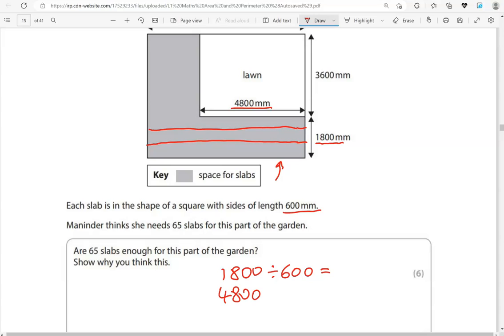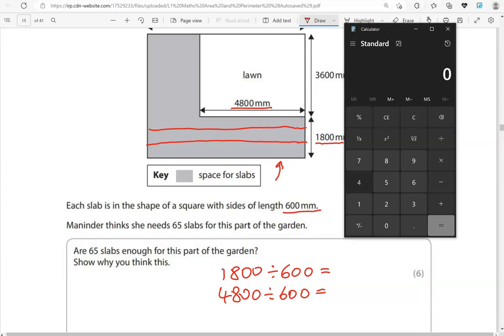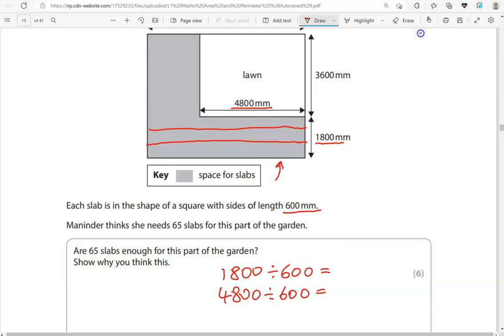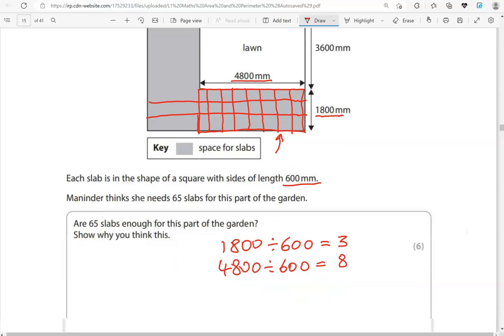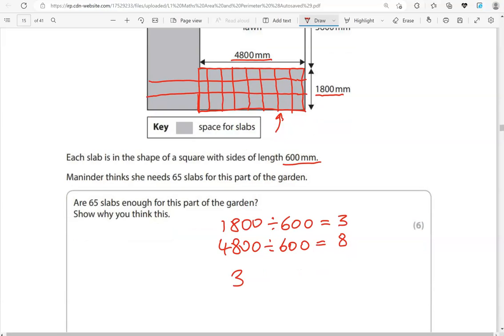So same divided by 600 gives us 8. So 8 will fit along this length. So within this rectangle there will be 3 times 8 slabs, which is 24.